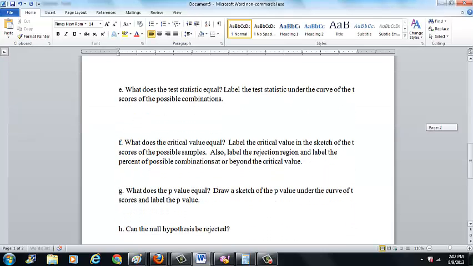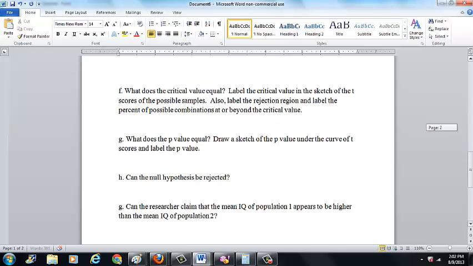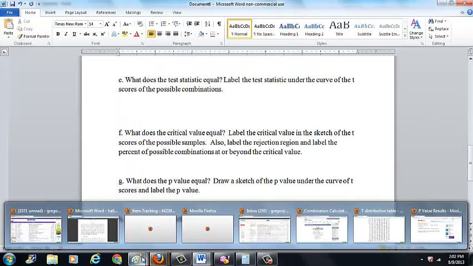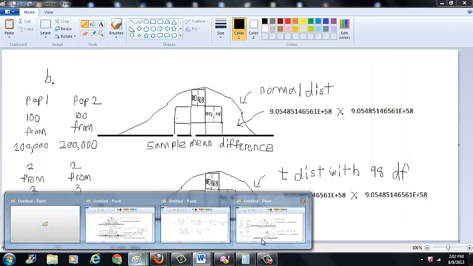What does the test statistic equal? We have a different formula this time, because it's a different type of t-test.